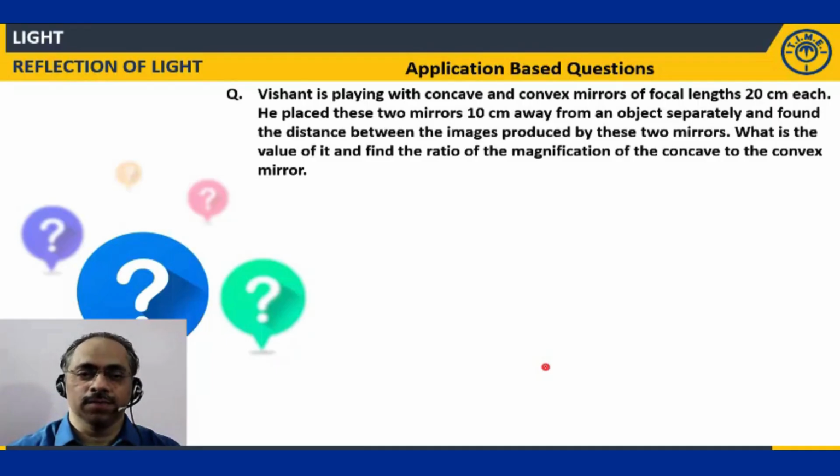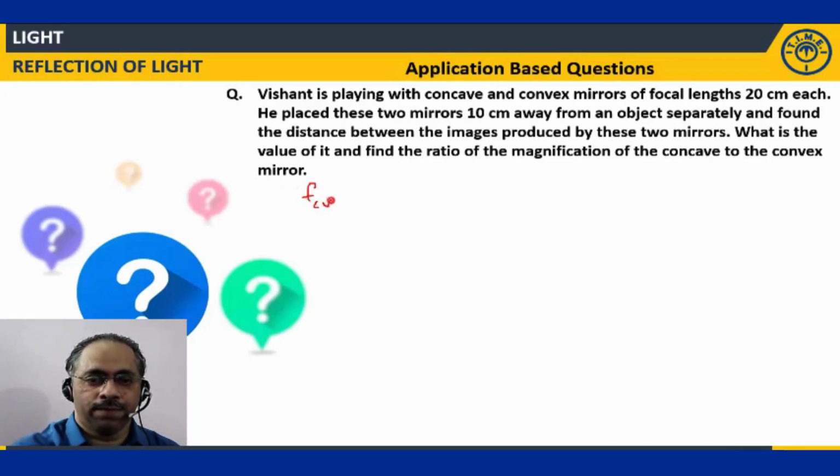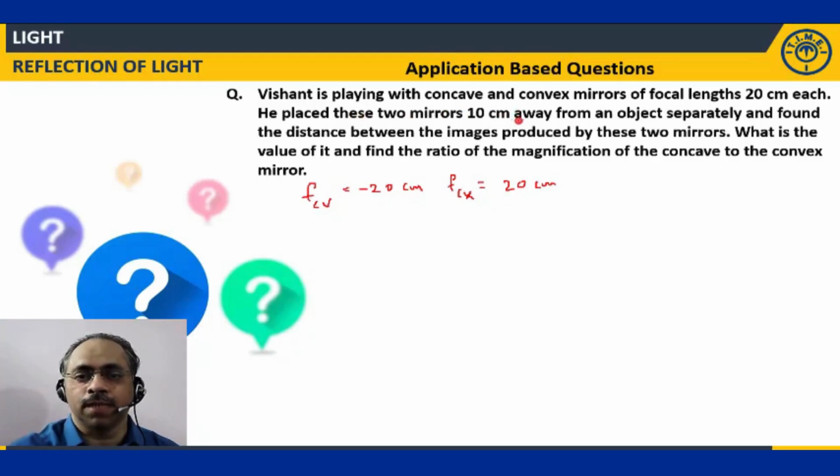You can see very clearly over here, playing with concave and convex mirrors of focal lengths 20 cm each. Let us say if concave, that is 20 cm, minus 20 cm, applying the sign conventions. So for convex, I write this way, this is nothing but plus 20 cm each. He placed these two mirrors 10 cm away from an object separately.